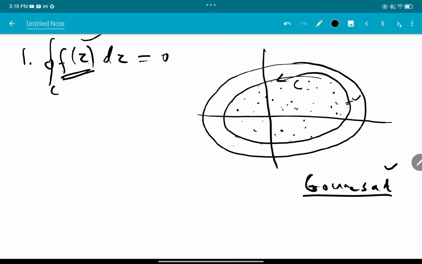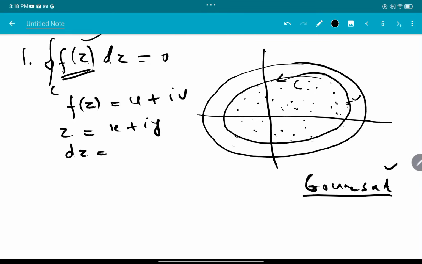We start with this. We know that f(z) is a complex function. It has two parts, u plus iv, where u is its real part and v is its imaginary part, as well as z equal to x plus iy. We are working in a plane. z is equal to x plus iy, so dz will simply be equal to dx plus i dy.